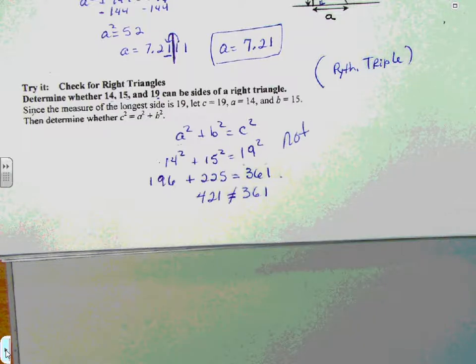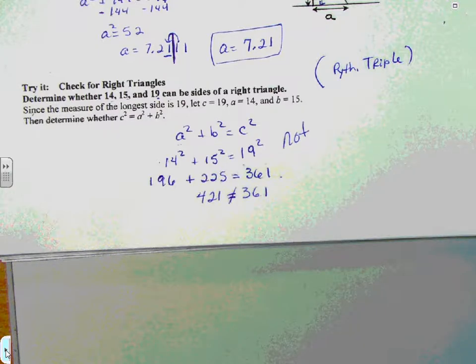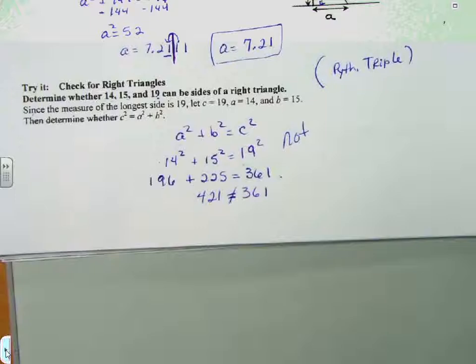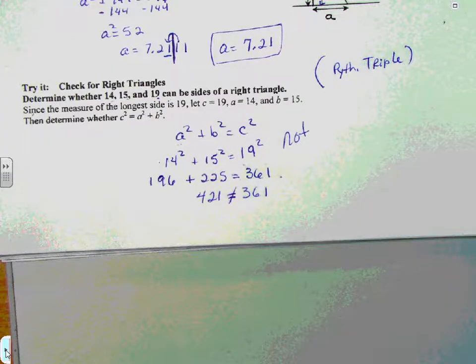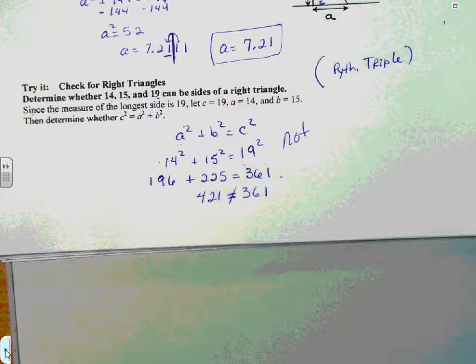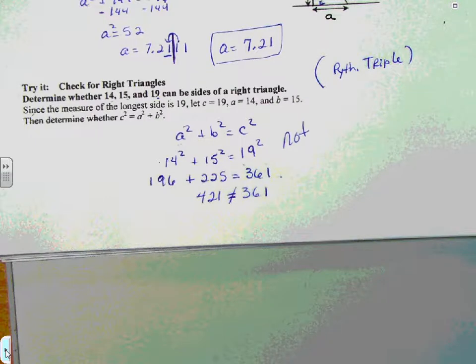A Pythagorean triple is when you use counting numbers that actually create the Pythagorean formula accurately. They actually work. And by counting numbers, we're talking about whole numbers, okay, with no decimals or anything.